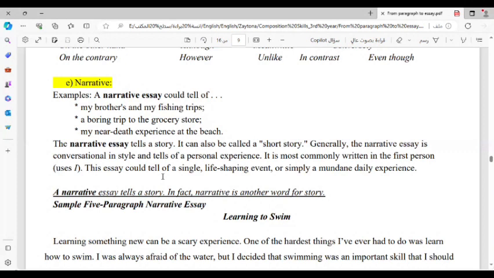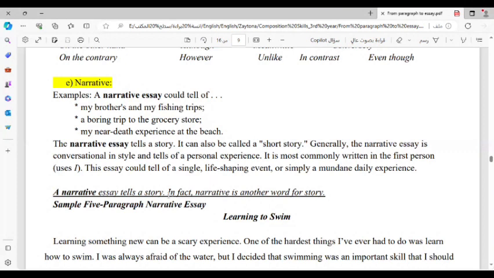When I want to share with you my personal experience, I need to use the pronoun I because I'm talking about my personal story, right? So this essay could tell of a single life-shaping event or simply a mundane and daily experience. Mundane means something similar to routine.